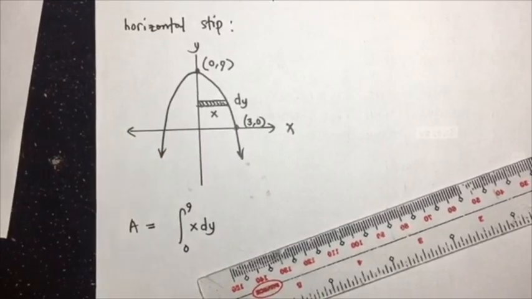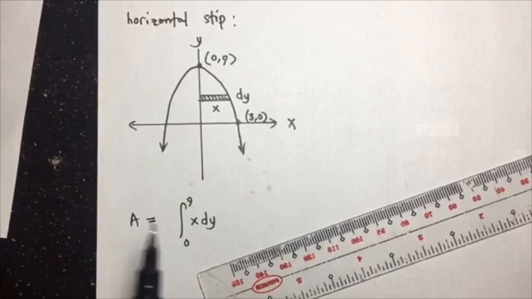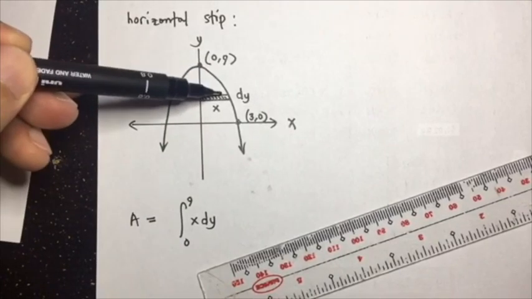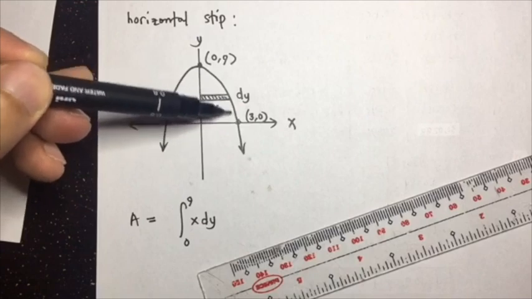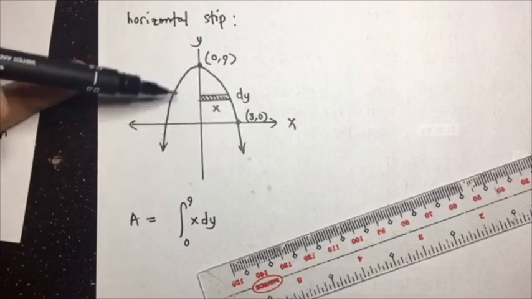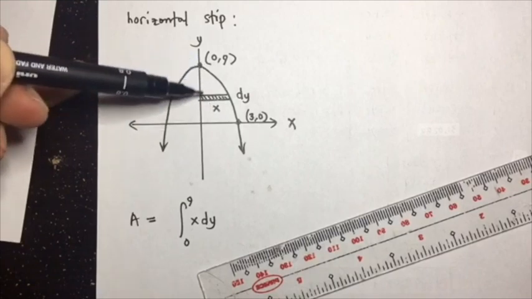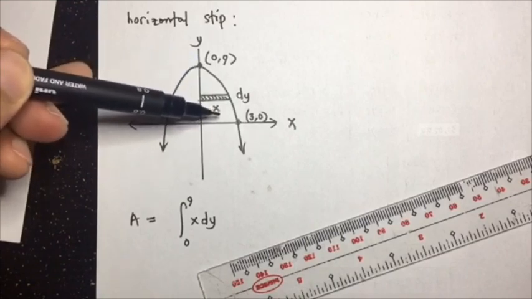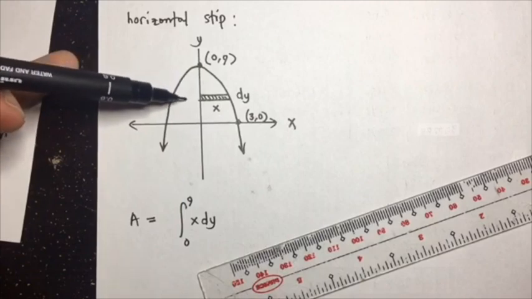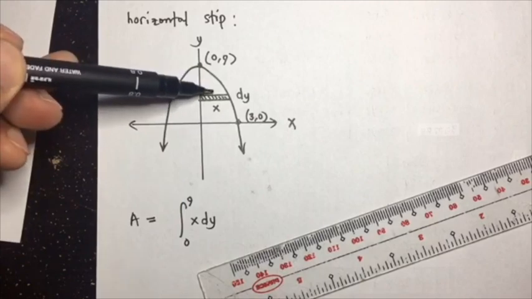Okay? And with this, what we can actually solve is only half of the curve. So what about the other half? Similar to earlier, since this is a symmetrical figure, the area on the left side is just equal to the area on the right side.